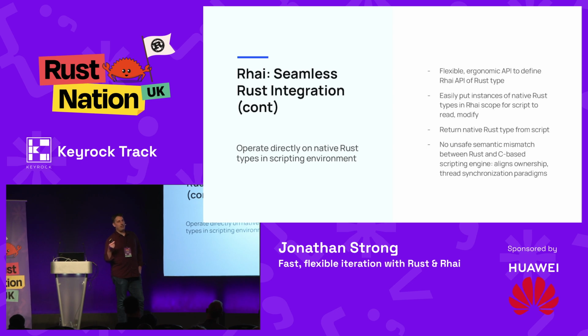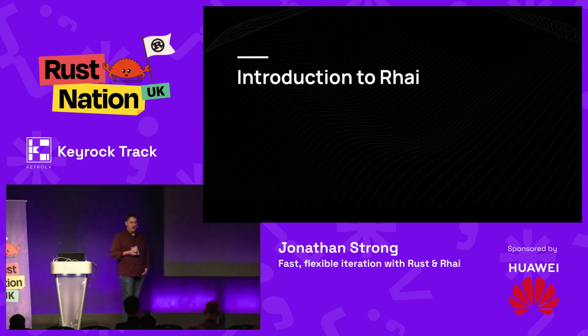For instance, there's going to be an unsafe FFI layer, and there's not the same ownership and thread synchronization rules of Rust on the C side of the code, so it creates pitfalls. It creates dangers of unsafety that you have to worry about, especially as it relates to thread synchronization. That's not true in Rhai, because Rhai is implemented in Rust, built for interacting with Rust. It makes it very nice.